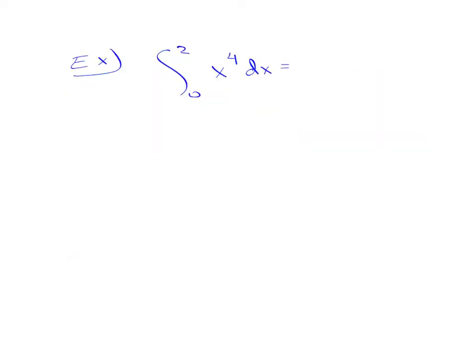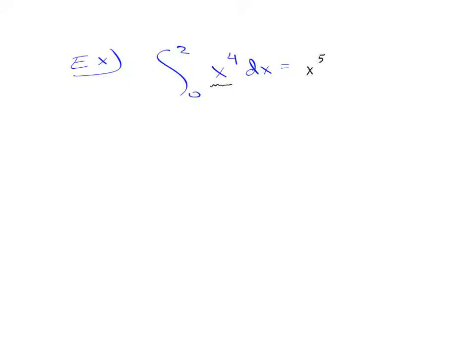In this first example from the section, we have the integral from 0 to 2 of x to the fourth dx. When we evaluate that integral, the first thing we do is take the antiderivative of the function, that's the capital F from the previous slide.